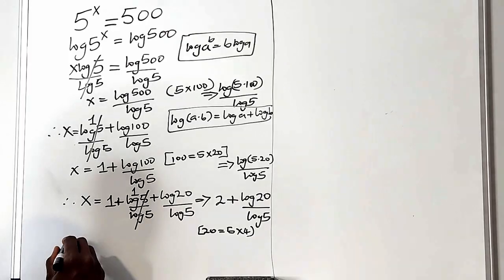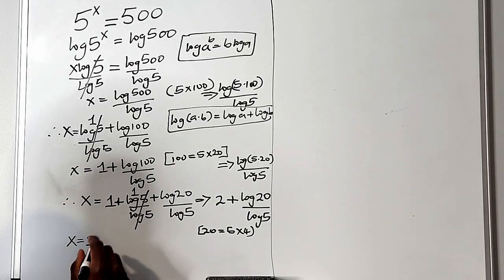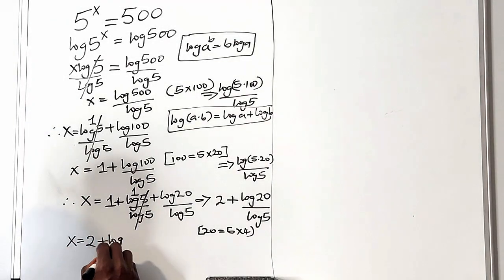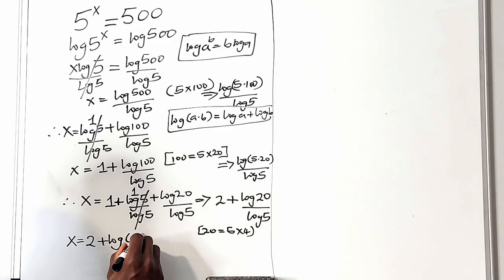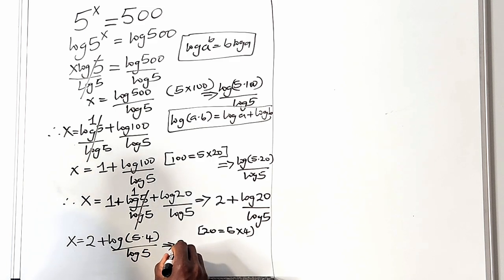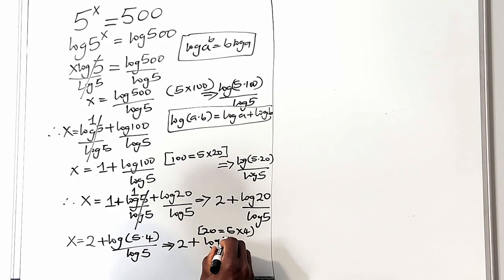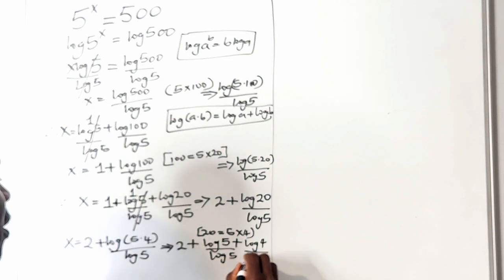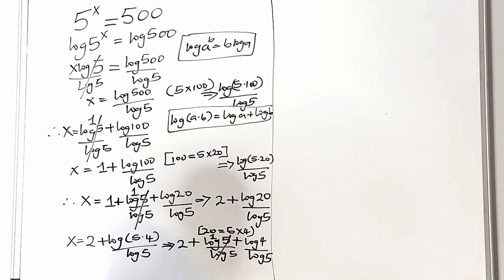So we'll do the same thing. x becomes 2 plus log 5 times 4 divided by log 5, which gives us 2 plus log 5 plus log 4, divided by log 5. This cancels out to 1.